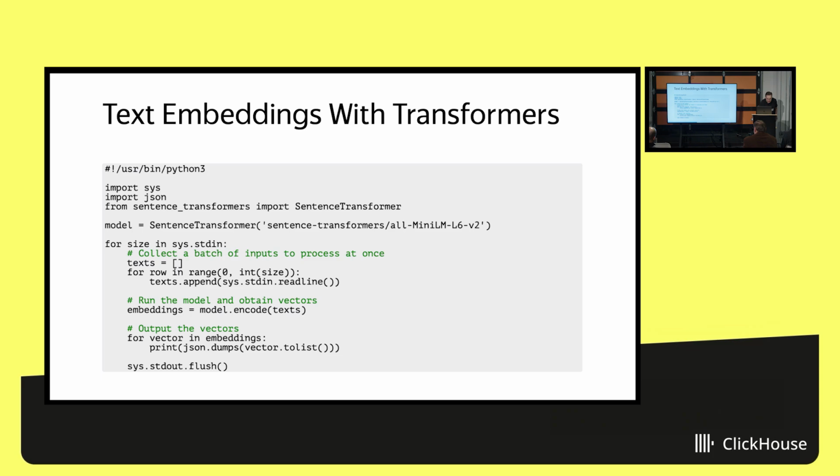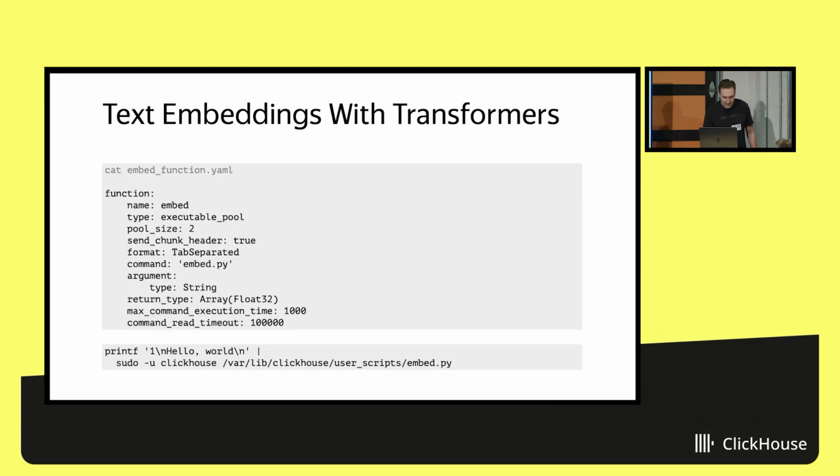Here I load and create the model. And for every record from standard input, I will take a batch, take an array of records and run the model on this array. And then I will just print the output in JSON format.